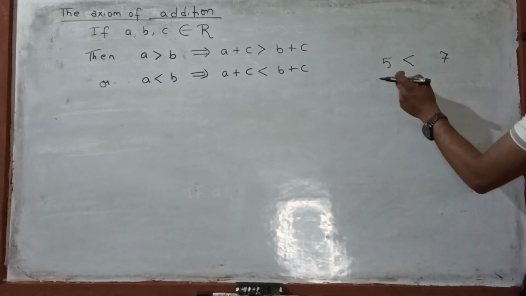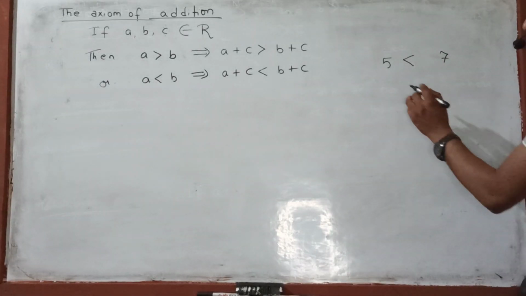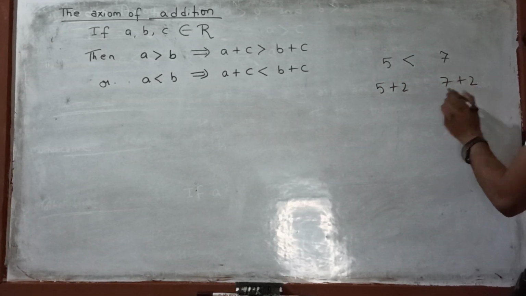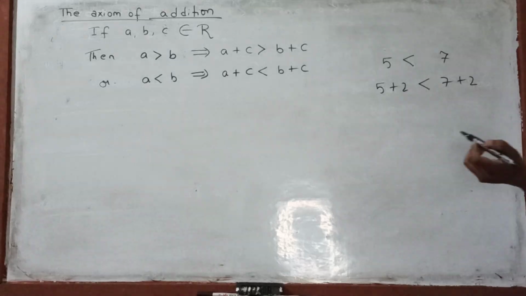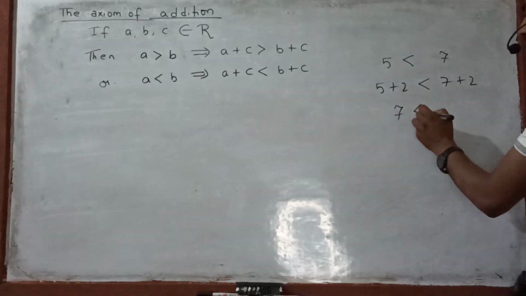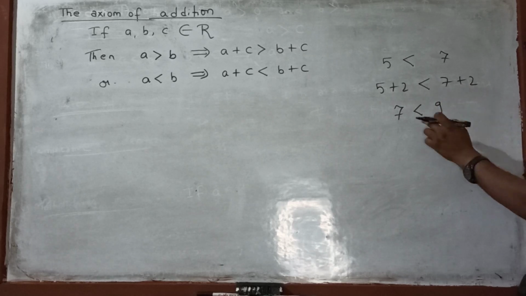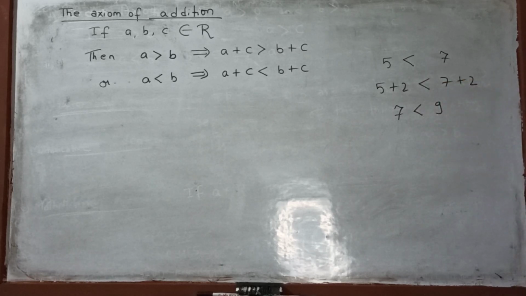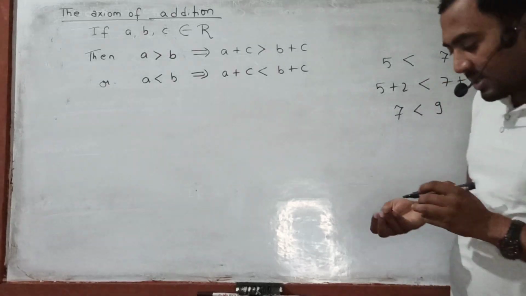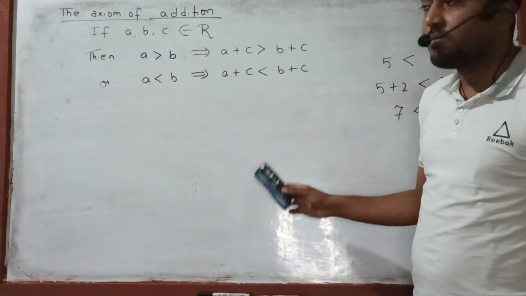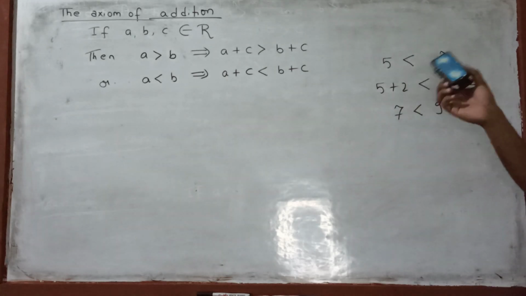If you add an equal quantity to both terms, suppose 2, 5 plus 2 and 7 plus 2, the sign will not be changed, that is 7 is less than 9. 5 plus 2 is 7, 7 plus 2 is 9. So the sign will always remain the same in addition. But in multiplication, it will vary on the basis of the real numbers you are putting there.